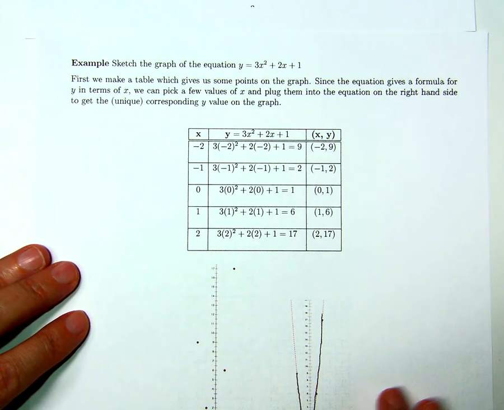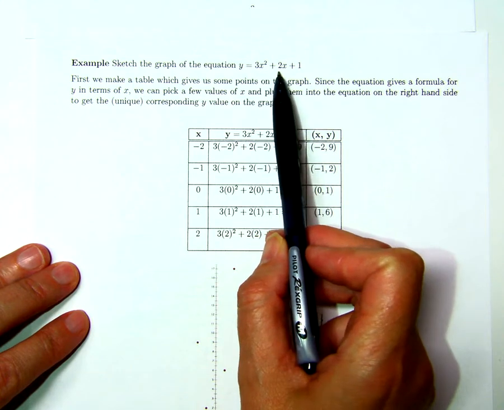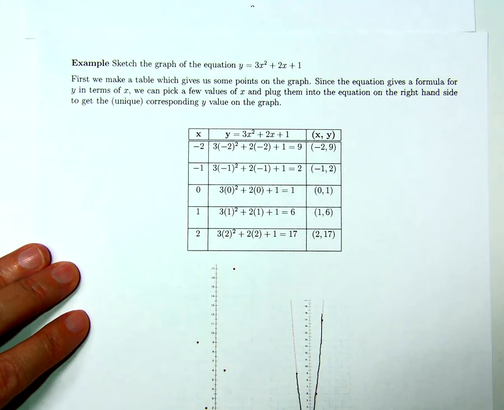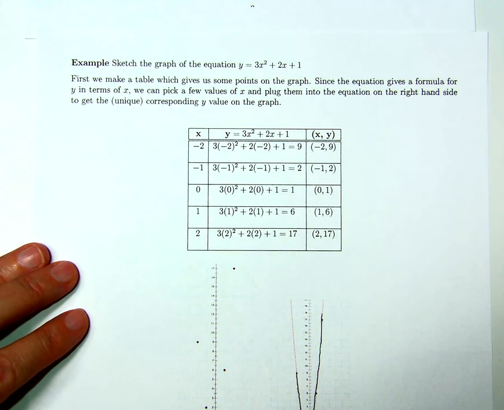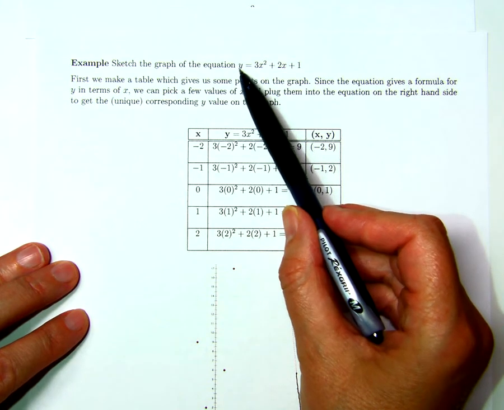So suppose I want to sketch the graph of this equation y equals 3x squared plus 2x plus 1. I'm going to make a table which gives me some points on the graph. And I'm lucky here because I have an equation for y in terms of x.